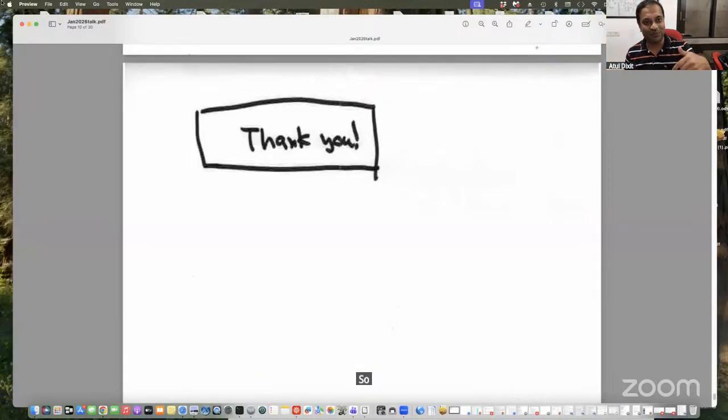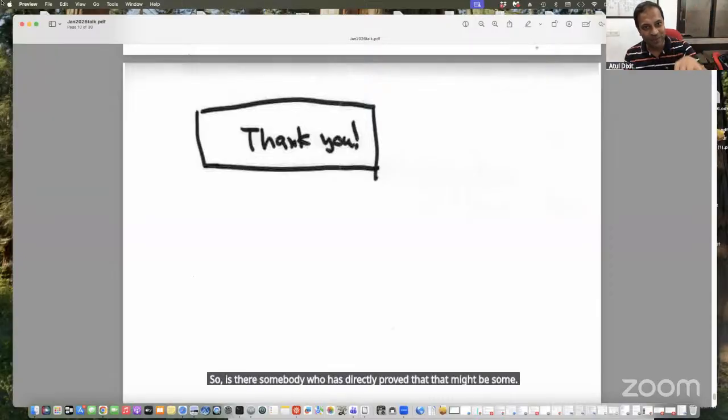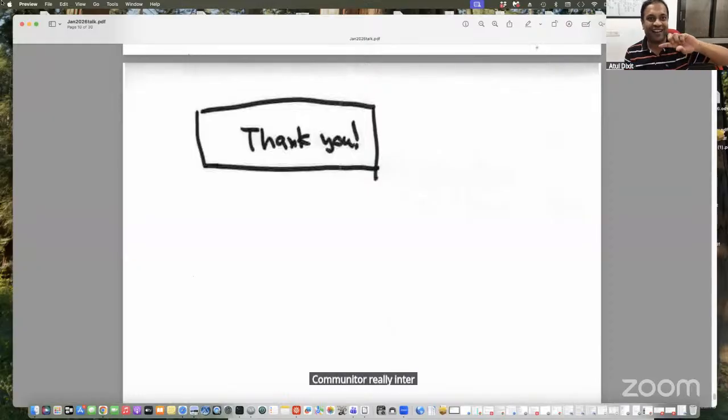So is there somebody who has directly proved that the multi-sum combinatorially interprets this side of Gordon's combinatorial version?